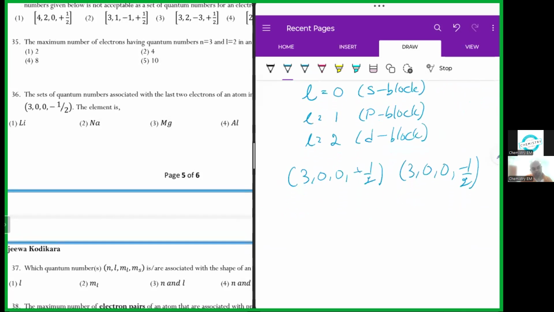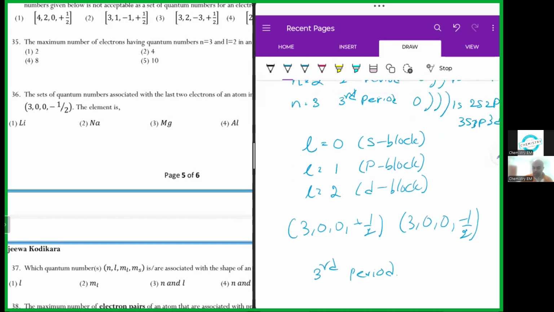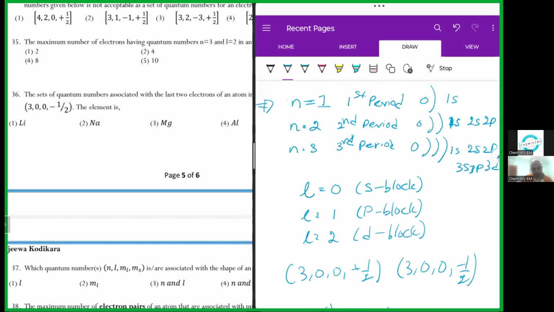This is very clear. This element belongs to third period because n is equal to 3. So this is third period. Right? So see, we have reduced that one. It belongs to third period.